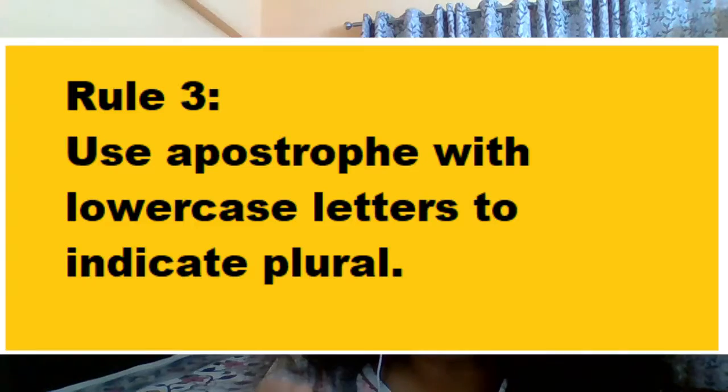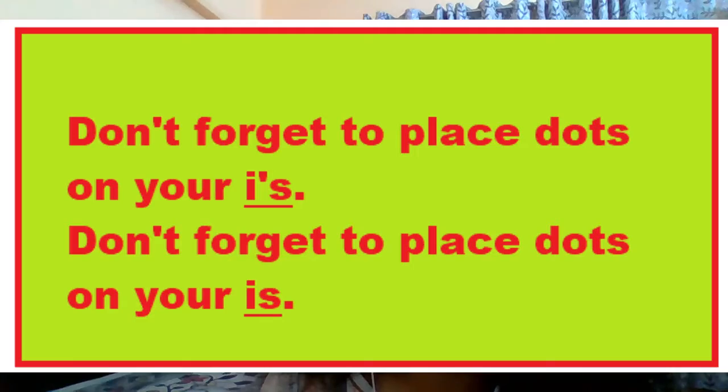Okay. Now let's move on to the third one. Where else do we use it? With lowercase letters. Lowercase letters are small letters. And why do we use it? To avoid confusion. As you can see on my screen now, a teacher is asking her students, don't forget to place dots on your i's.